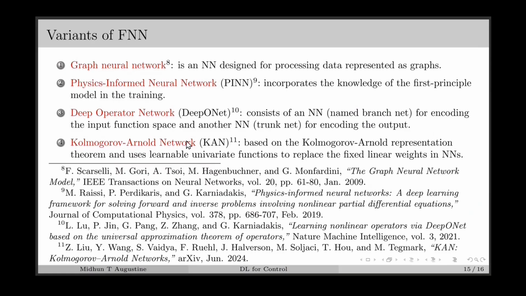Variants such as graph neural network are designed for processing data that can be represented as graphs. And there is physics informed neural network, which uses physics based information as a regularization term to improve the prediction capabilities of the neural network model. And the other variants are deep operator network or DeepONet and KAN, etc.